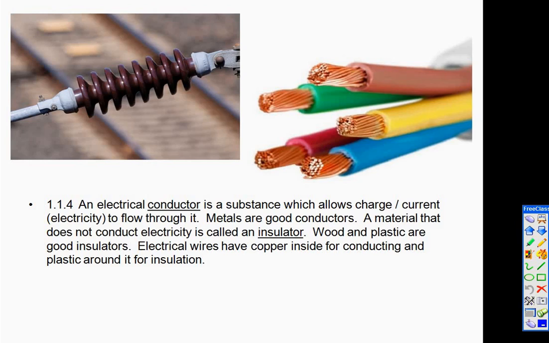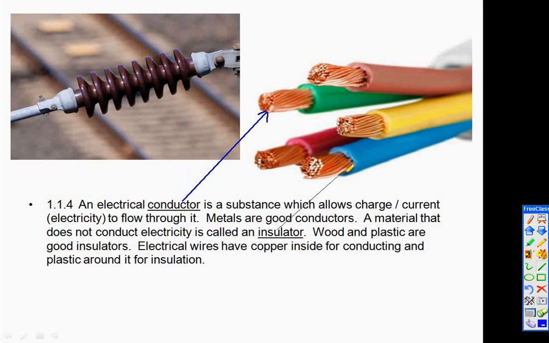I can already tell you that all metals can conduct electricity and heat, but not all metals equally well. So in this picture, we can see that the inside of the wire is made from a metal. That makes it a conductor.